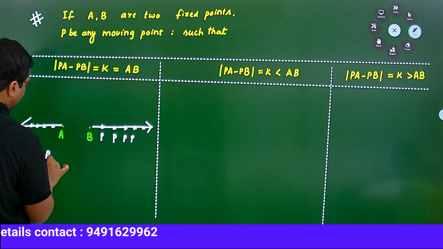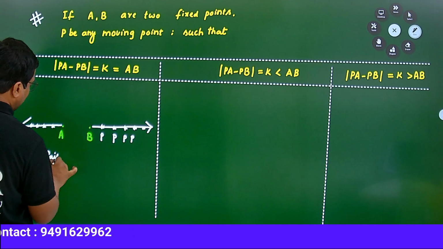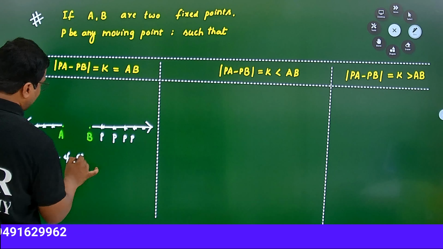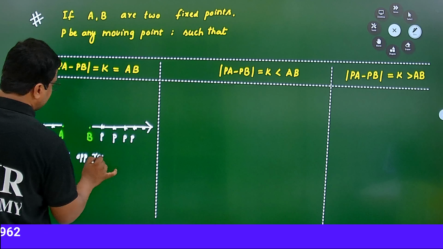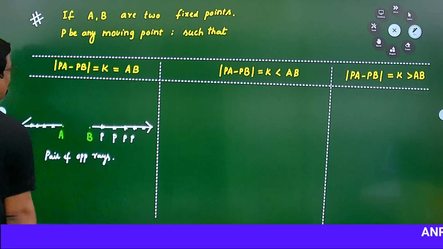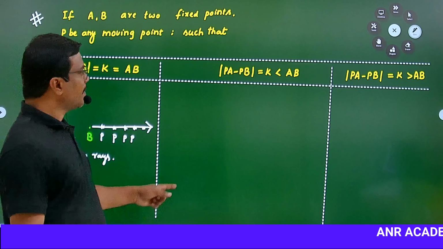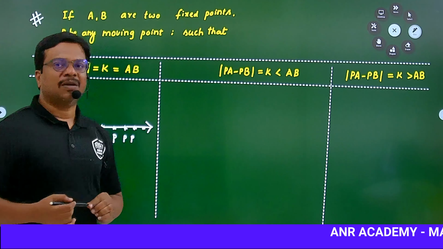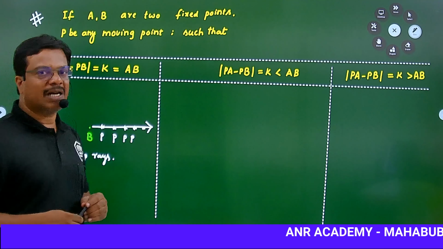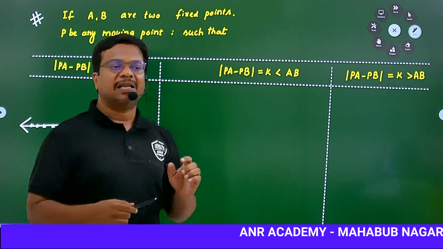I am going to write locus, pair of opposite rays. This is the locus path. Next, second condition, modulus PA minus PB equal to constant and that constant less than AB you have.